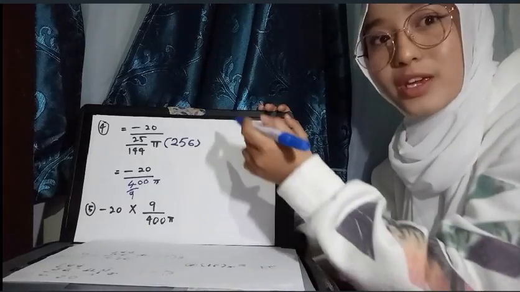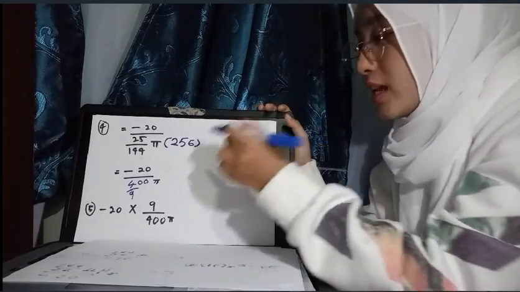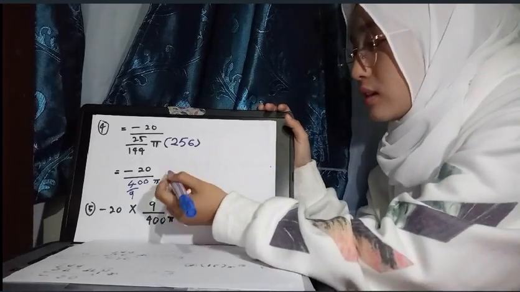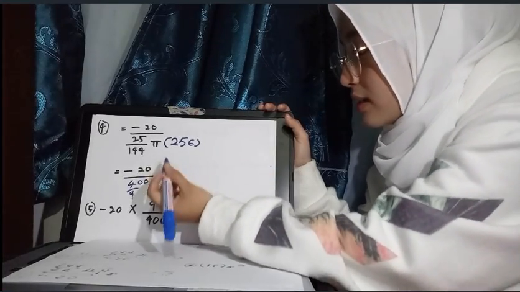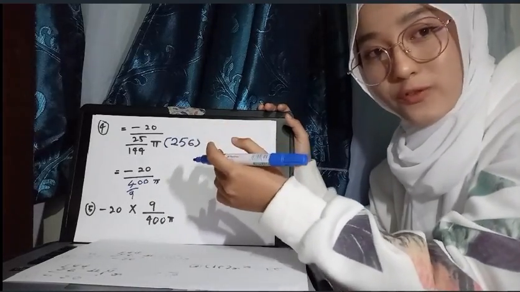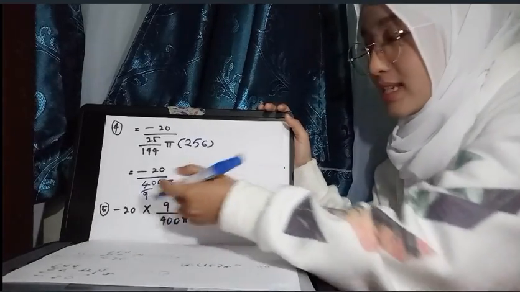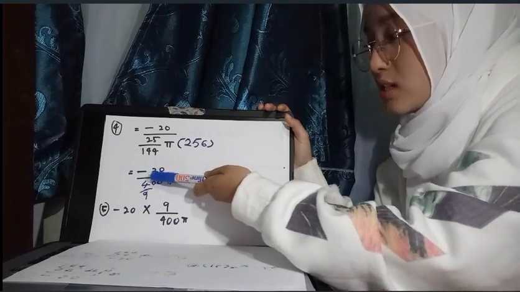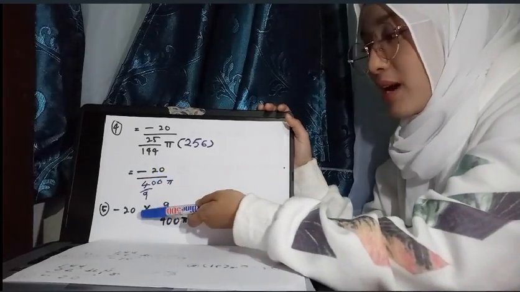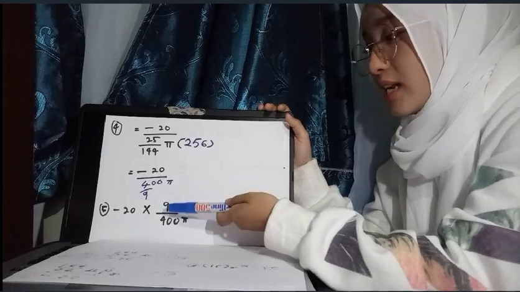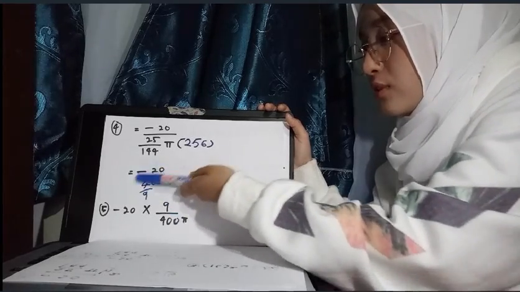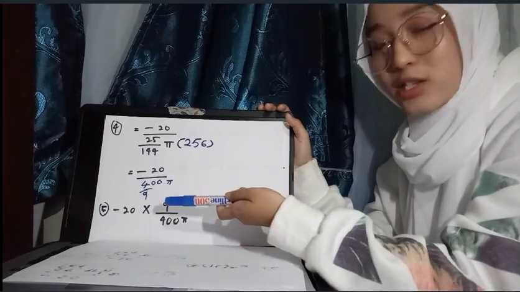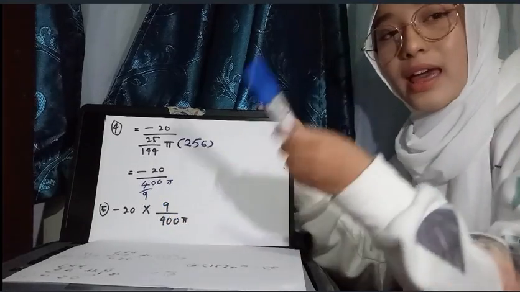So what we need to do now is apply the rule for dividing fractions. You change the divide into multiply, and turn the bottom value upside down, which is 9 at the top and 400 pi below.